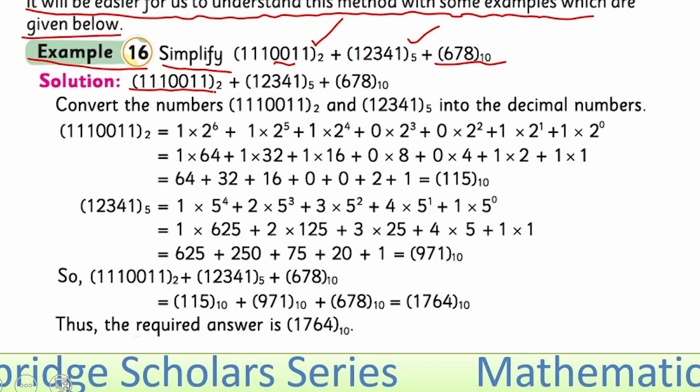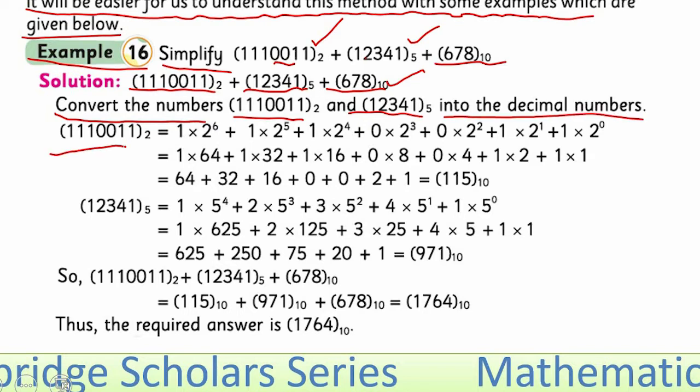Convert binary numbers into decimal numbers and then convert base 5 numbers into decimal numbers. The decimal number will remain the same. So convert 1110011 with base 2 and 12341 with base 5 into decimal numbers.